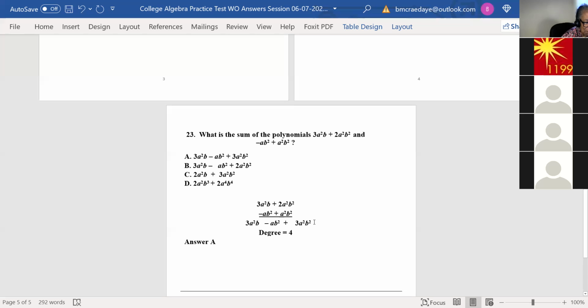What's the sum of the powers on 3a squared b squared? What's the sum of the powers of a and b? When you add those up, what do you get? 4. Isn't that bigger than 3?